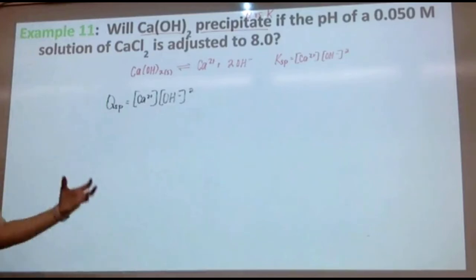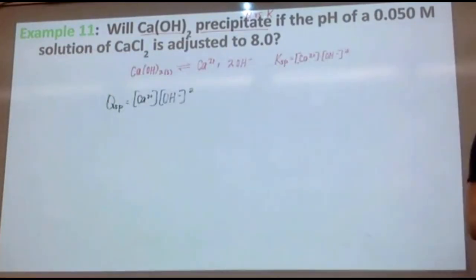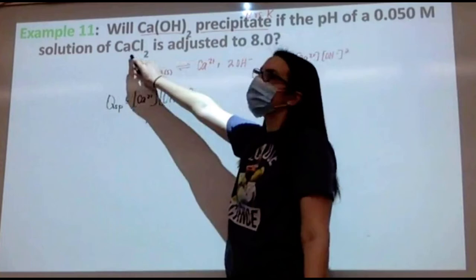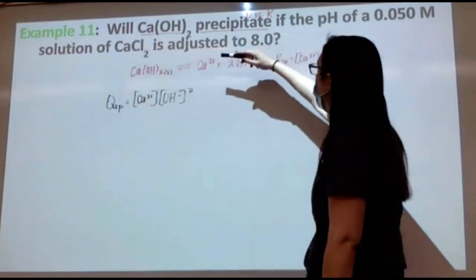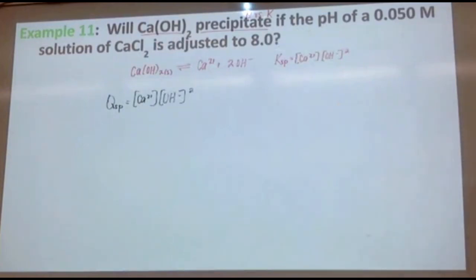Take the concentrations that they give you, and that's what you plug into the Q expression. So they give us information about Ca2+ from this solution of calcium chloride, and they give us OH- by giving us pH.